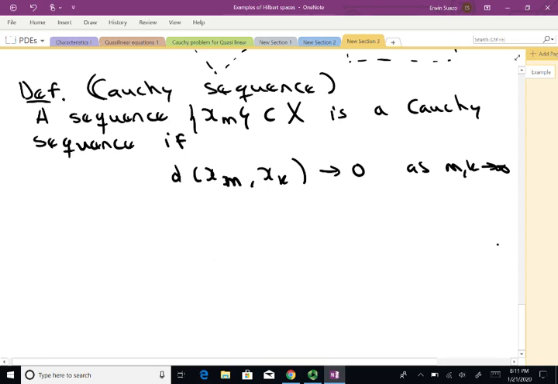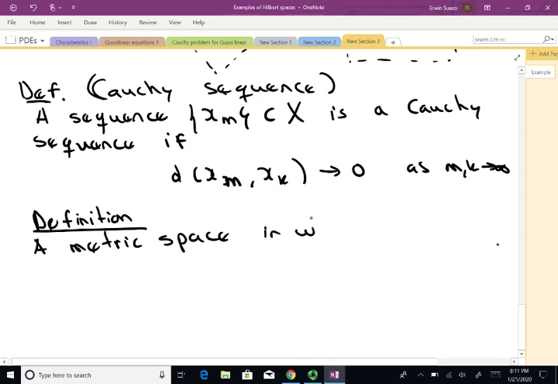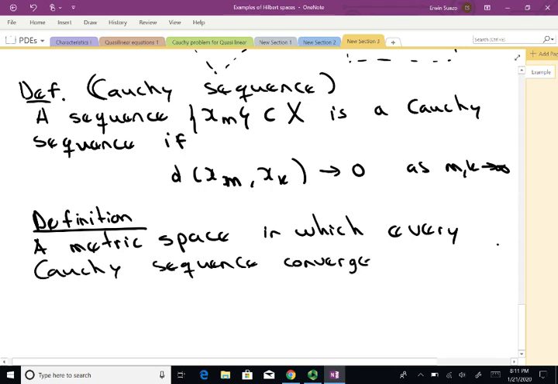And finally, why do I need this? Because of the definition: a metric space in which every Cauchy sequence converges is called complete.